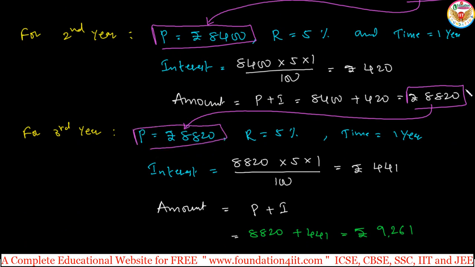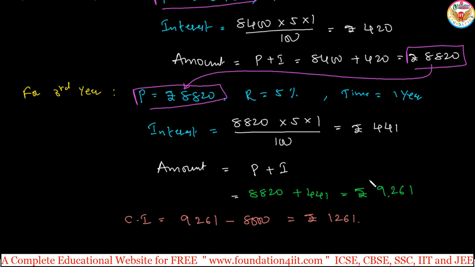Every year, however many years there are, it will repeat the same. Finally, the last step is the final amount minus the original principal. If you subtract, you'll get the compound interest. So this is the compound interest using only the simple interest method. And the same concept, how to find out compounded half yearly also, let us see now.